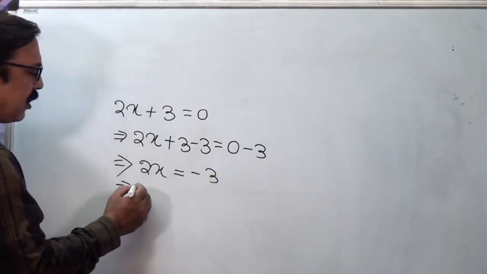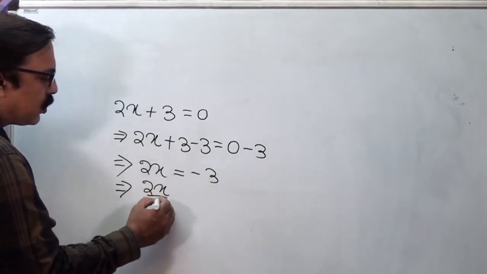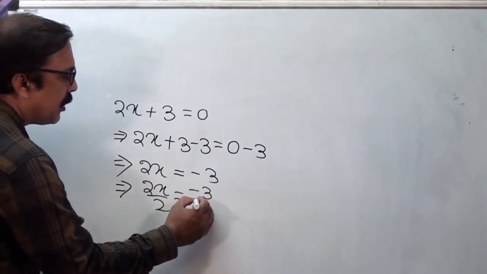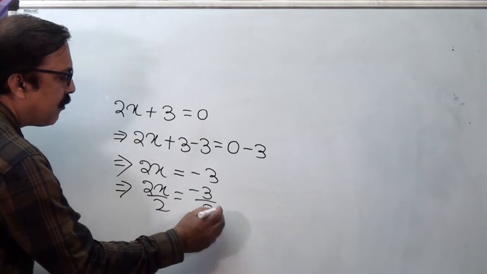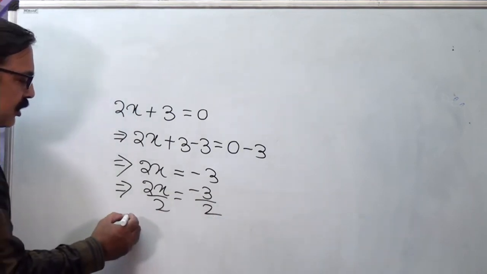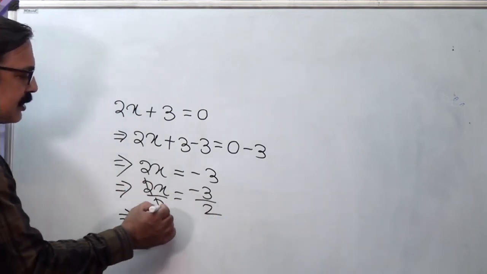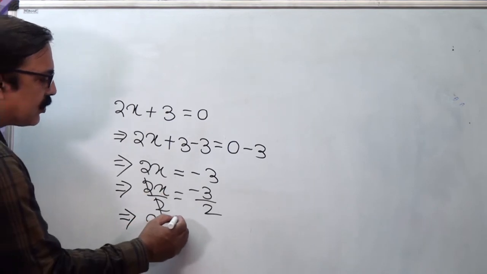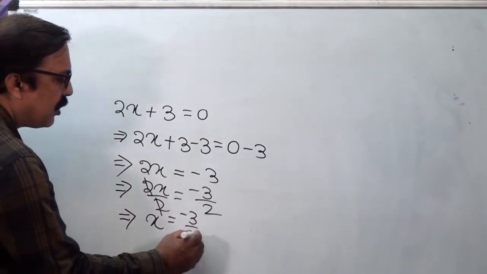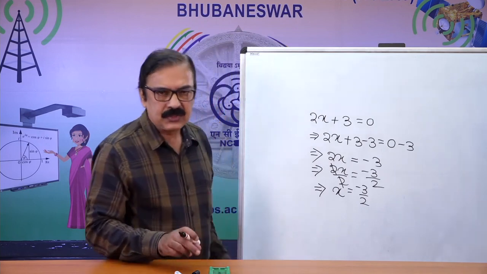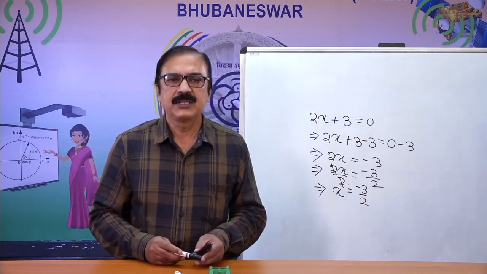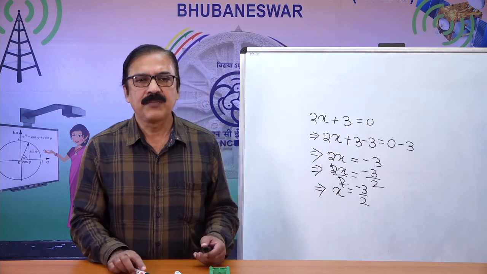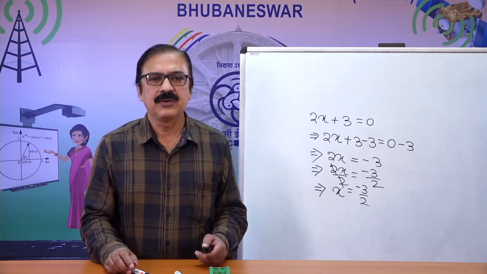Now divide both sides by 2. We get, on the left side we have 2x by 2 and on the right side we have minus 3 by 2. This gives 2 cancels and x is equal to minus 3 by 2. So this is the solution of this linear equation 2x plus 3 is equal to 0.